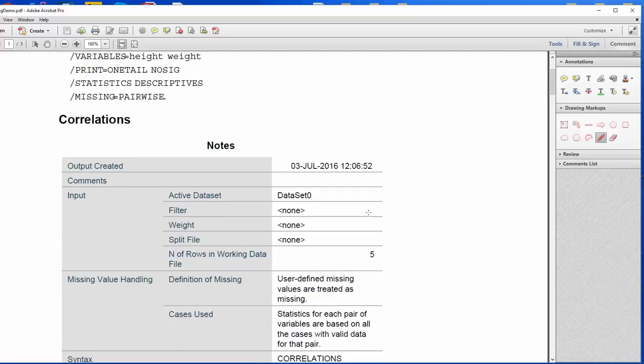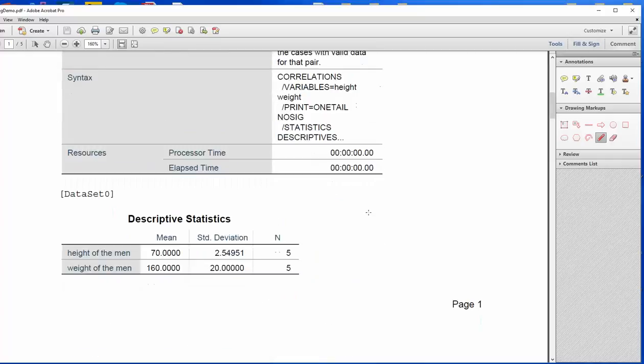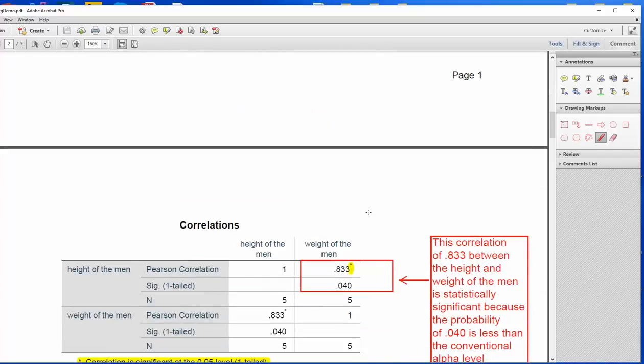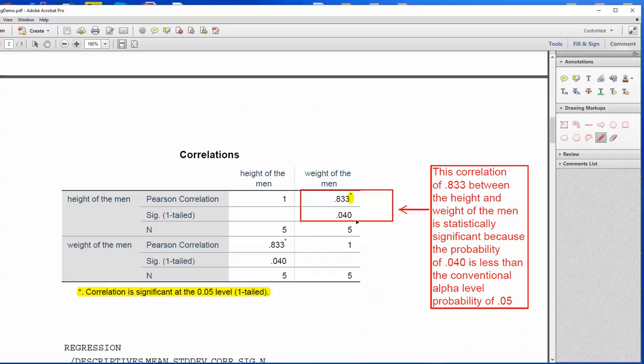Now I'm going to show you, this is my PDF format, but there are important things that I need to point out to you. I have explained the correlation that we got was 0.833, and the probability of that was 0.040. And as you can see in this box here, it says this correlation of 0.833 between the height and weight of the men is statistically significant because the probability of 0.040, which is here, is less than the conventional alpha level probability of 0.05.